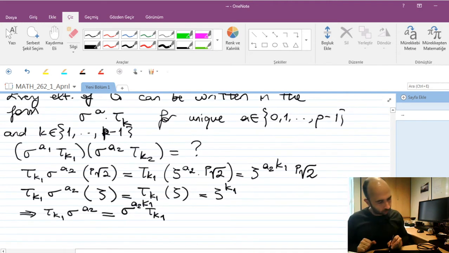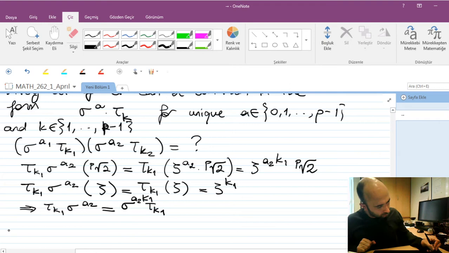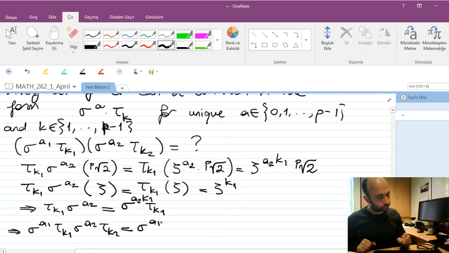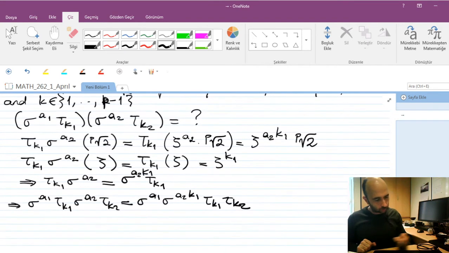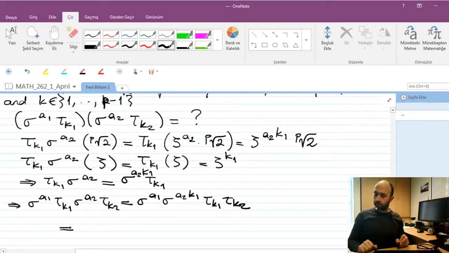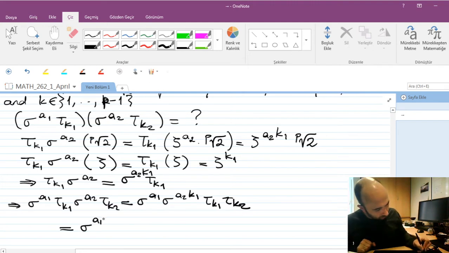Okay, now if you just use associativity here, we can now understand this product: sigma to the a1, sigma^(a2 k1), tau_k1, tau_k2. But now it's easy to see that sigma to the a1 times sigma to the a2 k1 is just sigma to the a1 plus a2 k1.